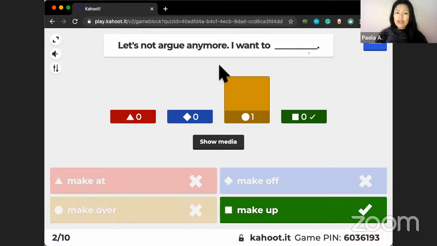Did you ever hear argument? It's related to that. To argue, to fight, to discuss something. And it goes, I want to make up. Make up is to resolve the problem. So it says let's not argue anymore, I want to resolve this. I want to make up.